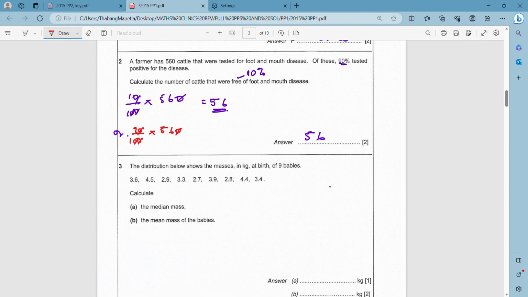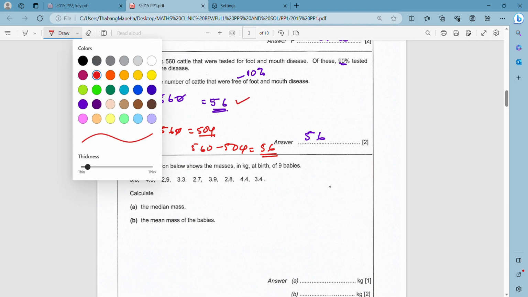You can simply do direct multiplication, 56 times 9, and get the final answer, 504. So 504 are positive, and those that are negative we simplify by saying 560 minus 504, which is 56. Either way is fine, but I think the first one is okay.